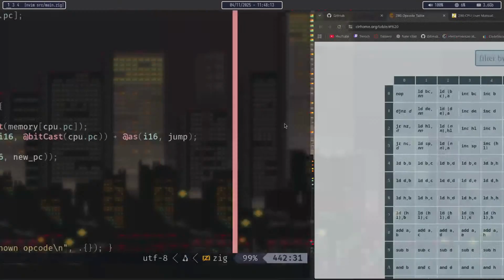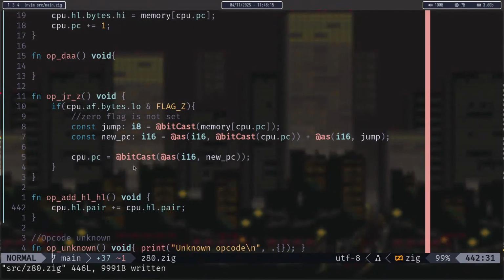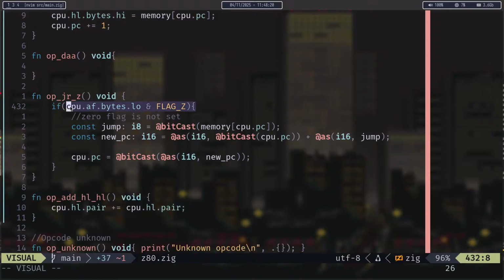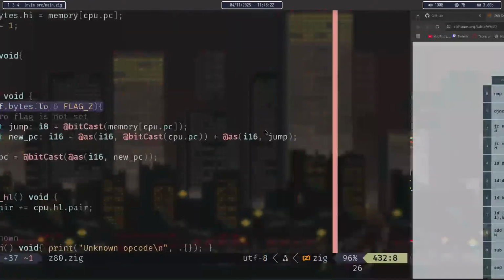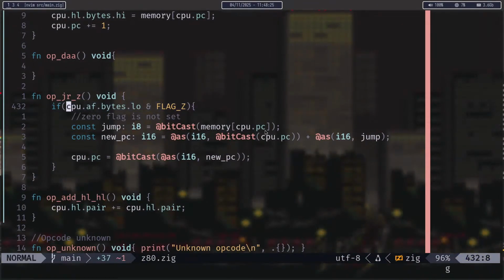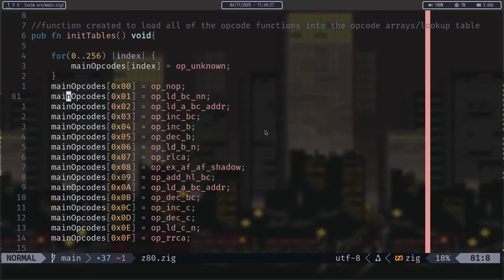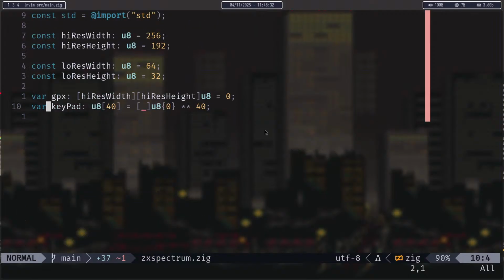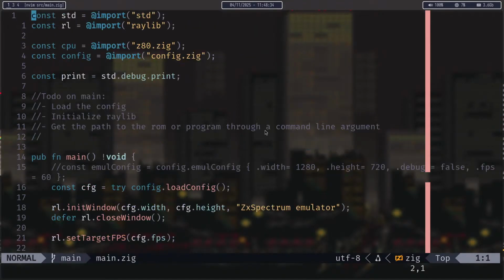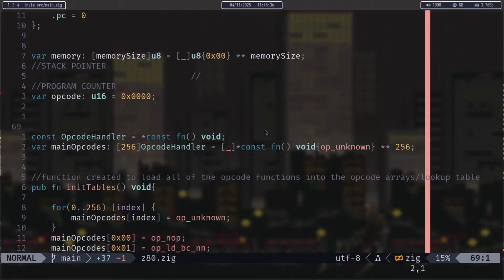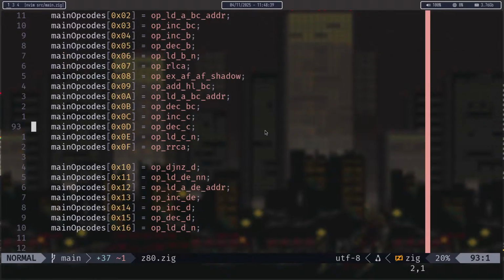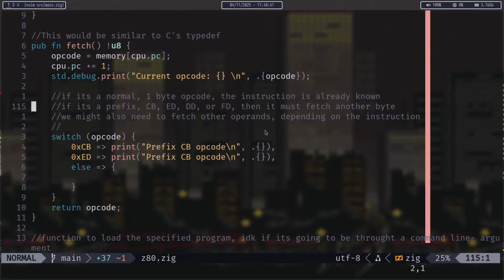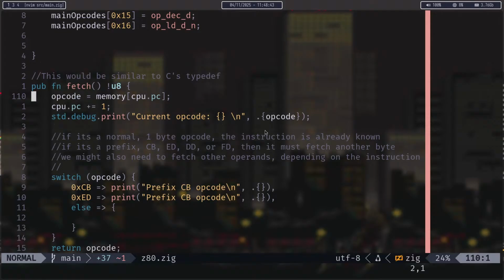And that's it. 2 bytes. Okay, so let me just. Do I have the cycle here? Don't think I do. Okay, here it is. Alright, so I increment it by 1. So I fetch and then increment right away.